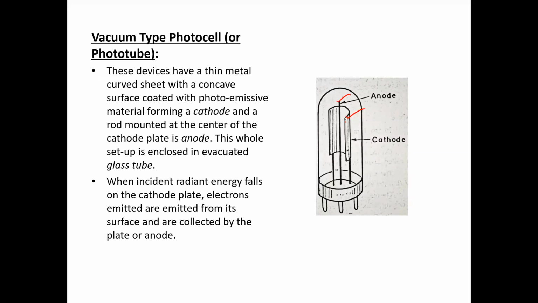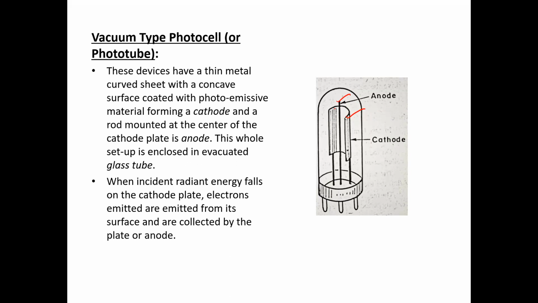When this device is connected in a circuit, this will result in a flow of current. So from the measurement of the current flowing through the circuit, the intensity of the radiation can be approximated. For these vacuum type photocells, the anode and cathode are placed in an evacuated chamber, so there is nothing but vacuum inside the chamber.